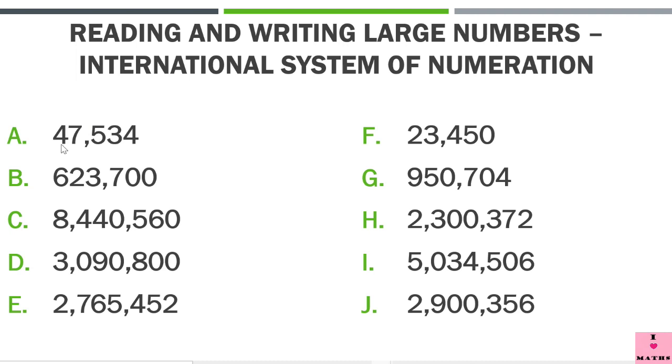This is just like Indian system. 47,534, 23,450. I'm sure all of you can read these two numbers. Okay, now let us start this. You can see that this is ones period and these three digits are in thousands period.